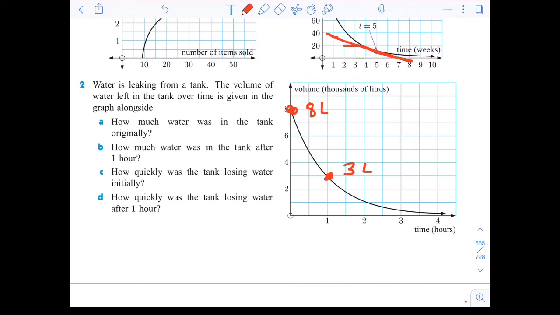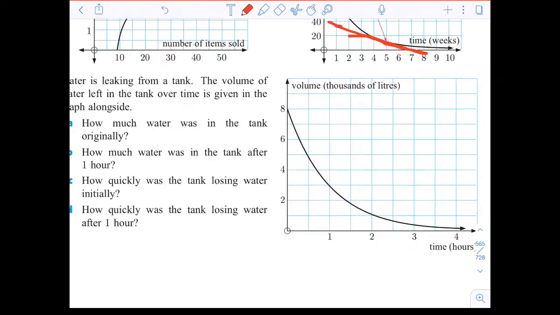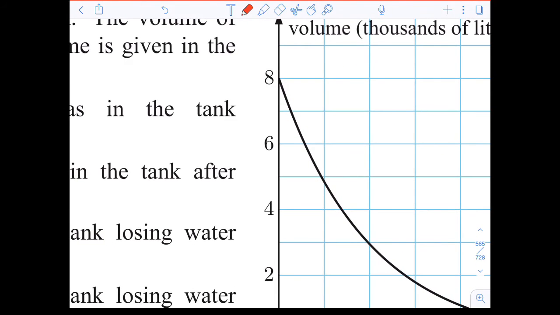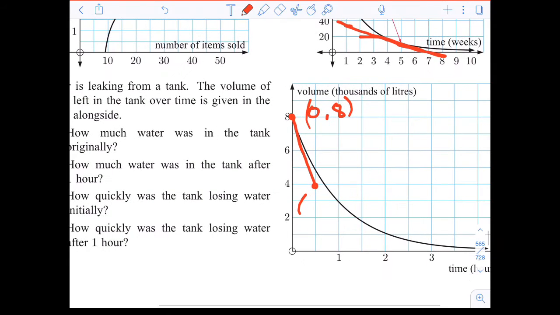So if we're looking at the spot at the beginning, I'm trying to take these ones off here, and I want to draw a tangent line that best represents what's happening originally. I'm going to find 2 spots that would be on that tangent line, so perhaps these 2 here, where we would have 0 and 8, and 0.5 and 4, and I find the slope between those.